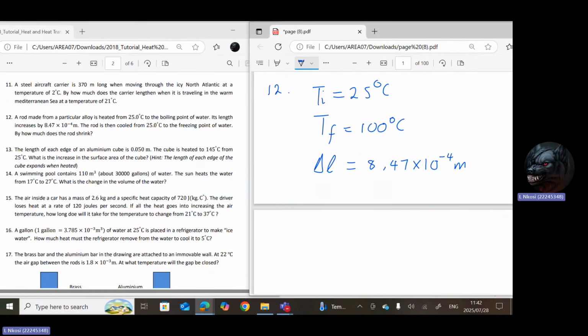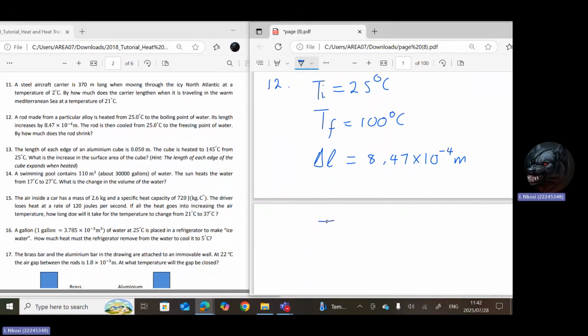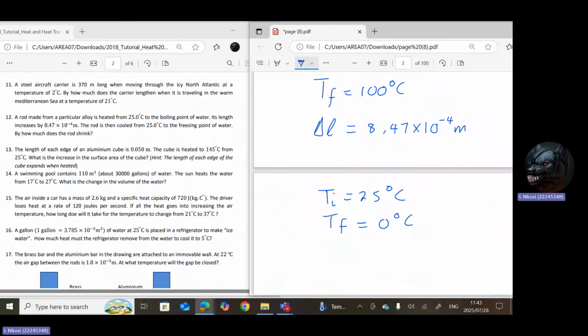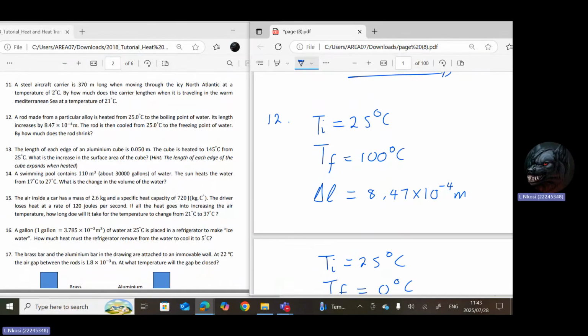Then the rod is cooled from 25 degrees Celsius to the freezing point of water, which is 0 degrees Celsius. By how much does the rod shrink? So how much will it shrink?